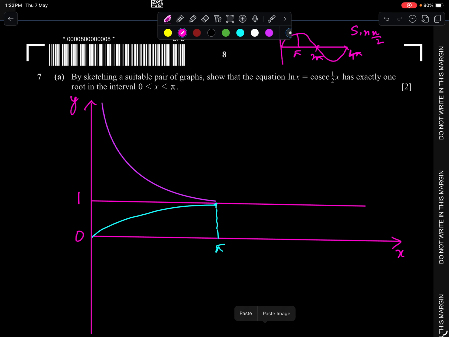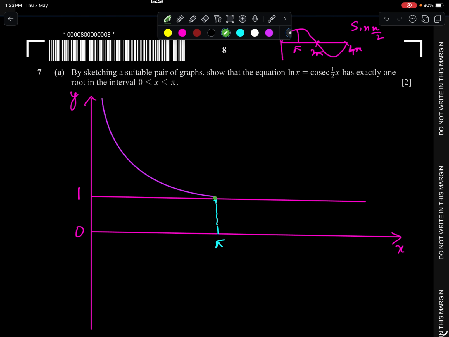Now you can erase sin x, or you can show it as a broken curve, but it's better to erase it. It basically helps us to sketch cosec easily. Now we have to sketch ln x. Ln x is very simple. This is ln x. It cuts at 1, 0 on the x-axis.